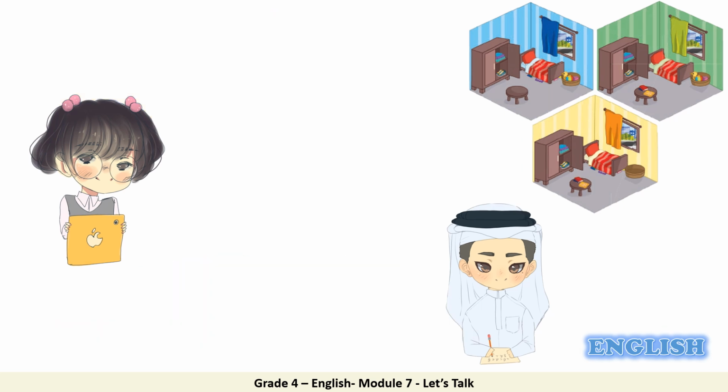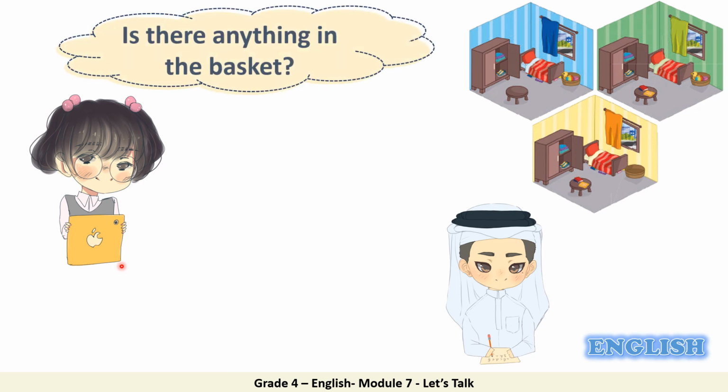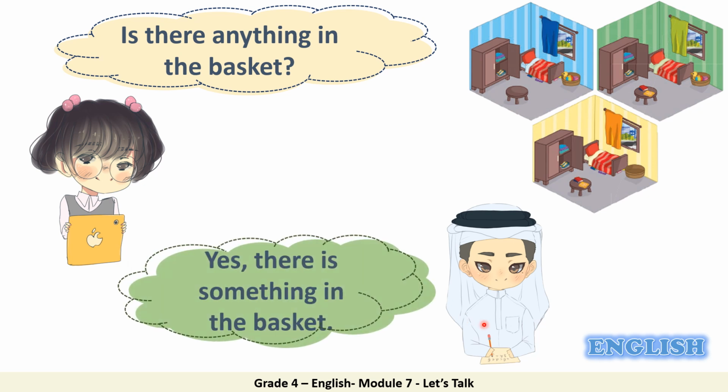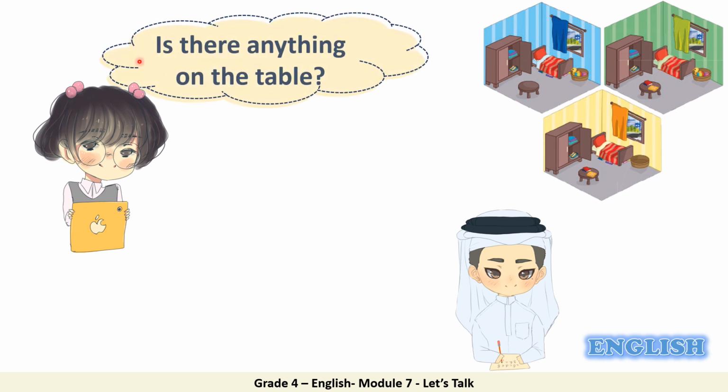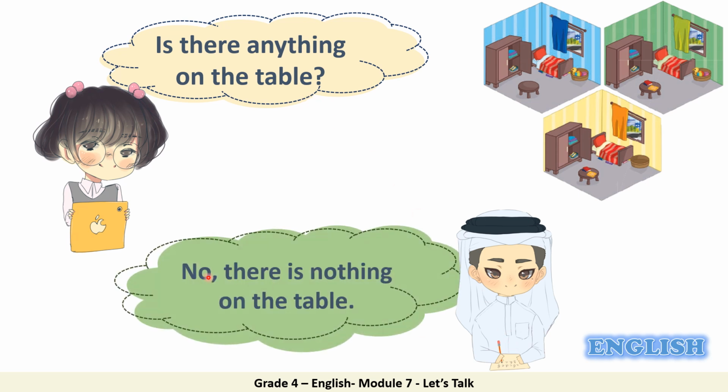She will ask again, is there anything in the basket? Ahmed will answer, yes, there is something in the basket. Is there anything on the table? Ahmed will answer, no, there is nothing on the table.